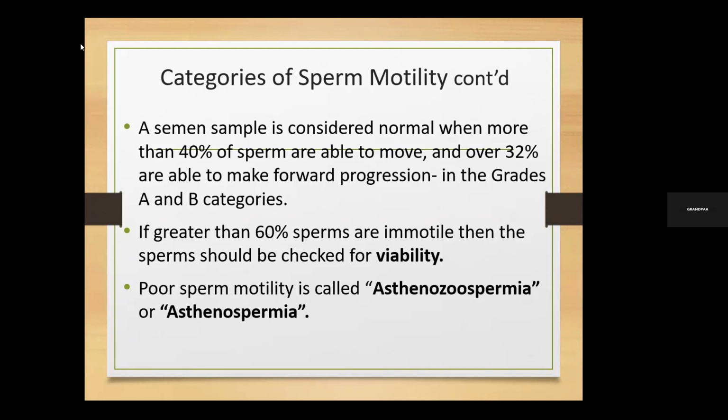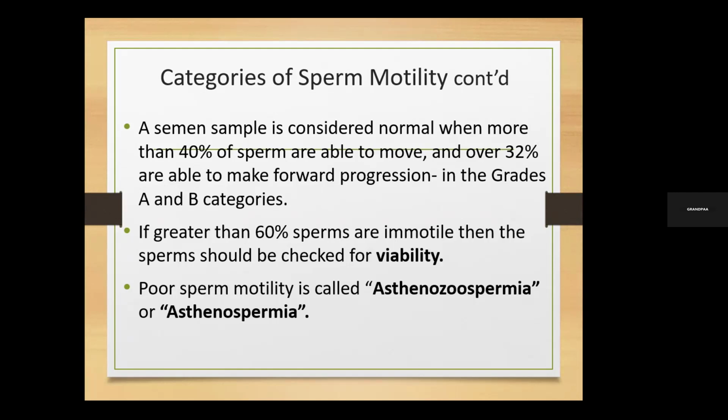I'm saying that if you decide to do viability test for all your samples, fine, but it's not necessary. It's not necessary because you're using the viability test to check for those that are immotile to see whether they are dead or alive. If that component is small, you don't need it because whether they are dead or alive will not affect the quality of the specimen.